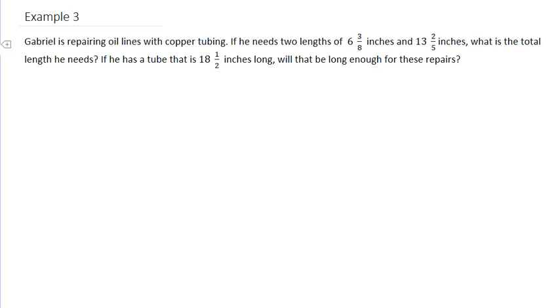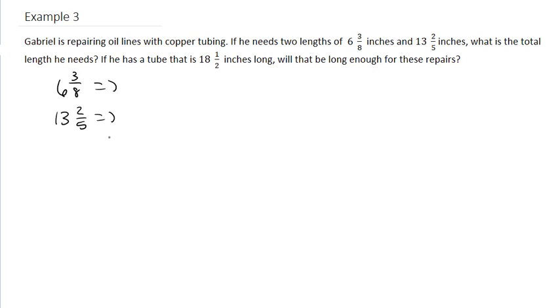Example 3. Gabriel is repairing oil lines with copper tubing. If he needs 2 lanes of 6 3/8 inches and 13 2/5 inches, what is the total length he needs? If he has a tube that is 18.5 inches long, will that be long enough for these repairs? So we have 6 3/8. Let's go ahead and convert that. And then we have 13 2/5.